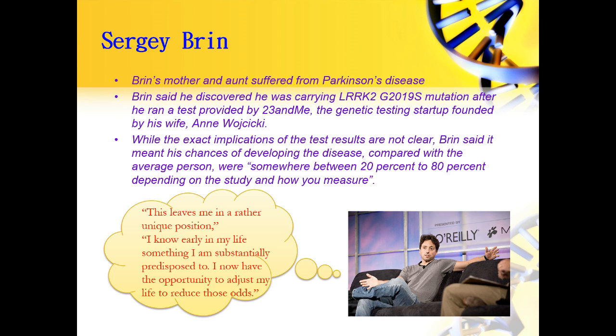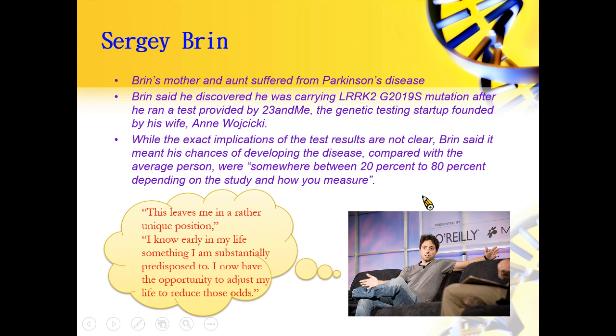While the exact implications of the test result are not clear, Brin said it meant his chance of developing the disease compared with the average person was somewhere between 20% to 80%, depending on the study and how you measure.